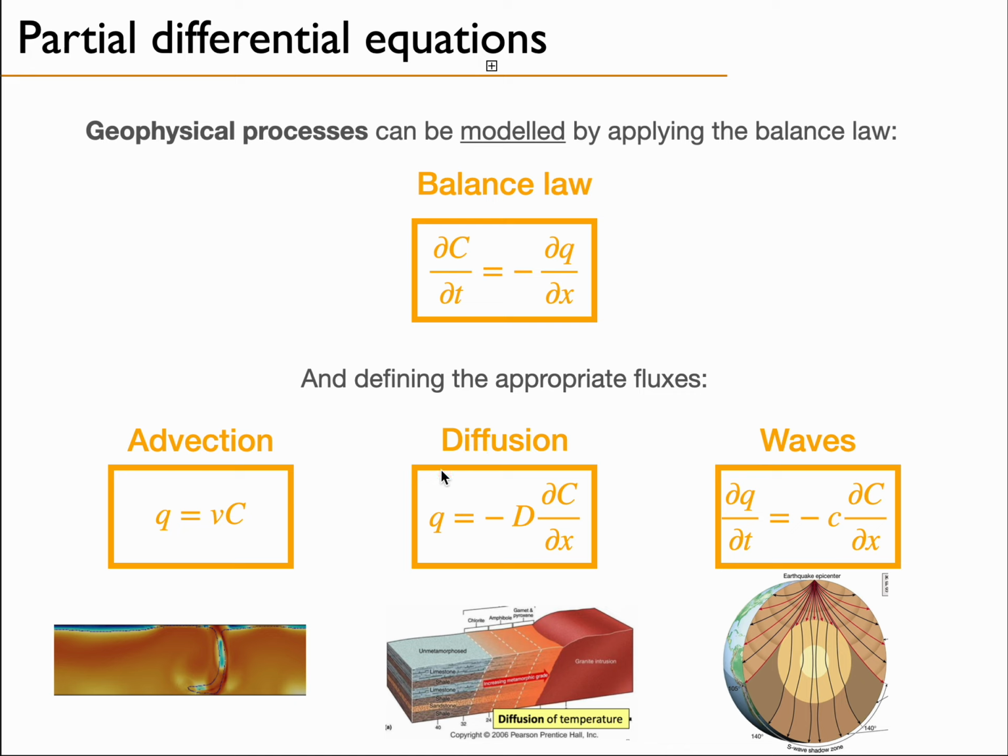For the diffusion problem, the flux is proportional to dc dx, and it's multiplied by a positive constant and minus sign here. For the wave propagation problem, the rate of the flux is proportional to dc dx here.